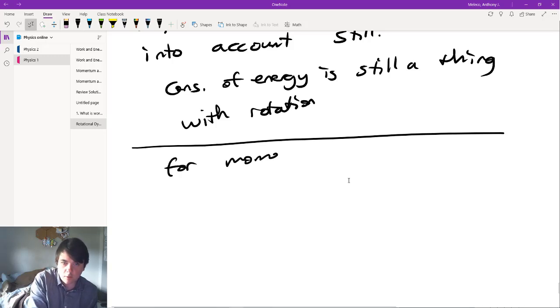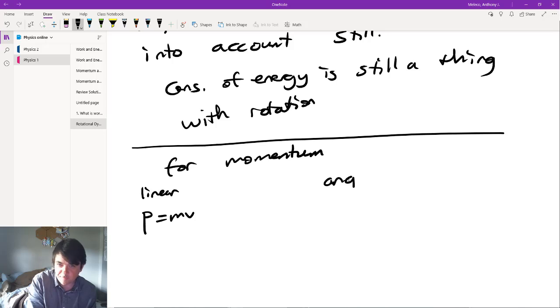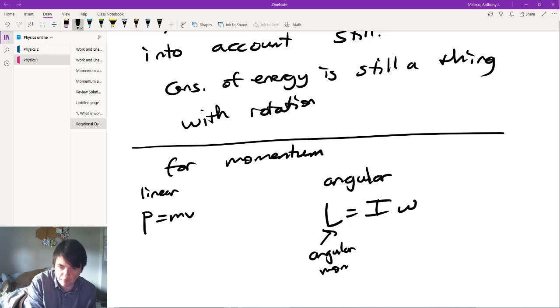For momentum, remember linear, we have P equals mv, and then for angular, we have L equals I omega. This is our angular momentum. I again taking the place of m, omega taking the place of v.